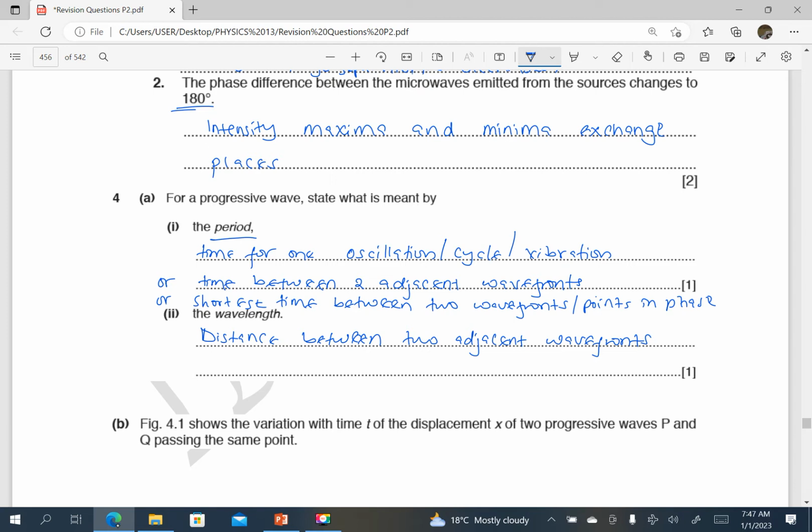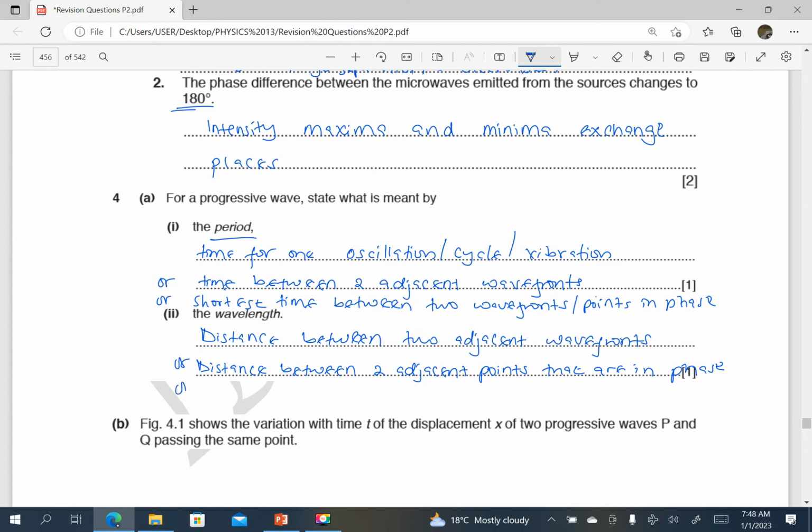Then the wavelength, we have already defined the wavelength as the distance between two adjacent wavefronts. Distance between two adjacent points on a wave that are in phase.